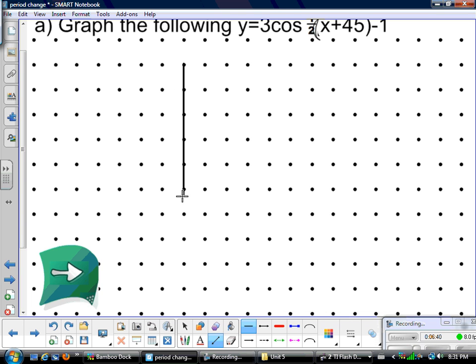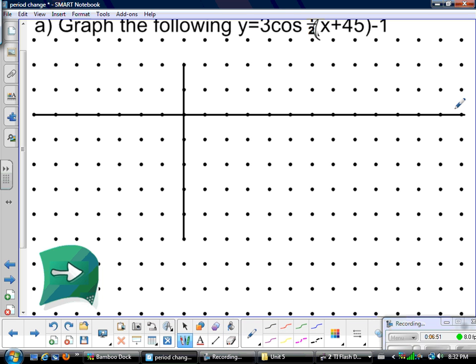And I'm just going to go here, and I'm going to go across here. Okay, so there's my x and y. And I can actually add a few numbers to my y. So there's 1, here's -2, -4.